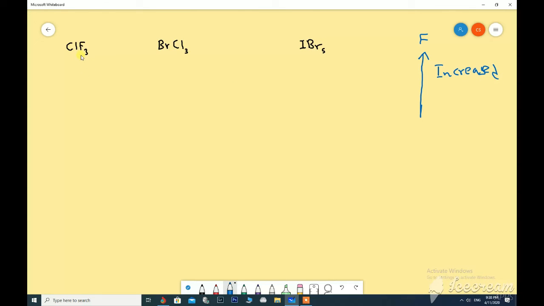So fluorine has a higher value than chlorine, so let's take chlorine as x. Add 3 times minus 1 should be equal to 0, so the oxidation number of chlorine is equal to plus 3.